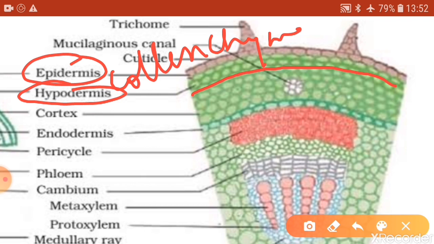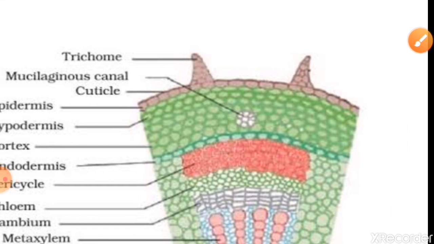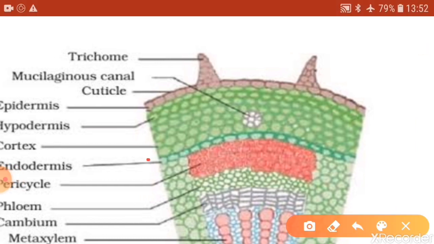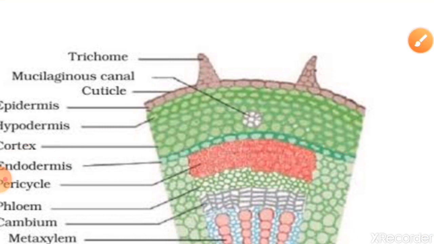Then the cortex, the next region that you find below the hypodermis, will be visible under a microscope. So this region is called the cortex region, and cortex is made up of parenchyma. Then below the cortex there is another region present. There's a ring of cells which is called endodermis, and the endodermis is again parenchymatous in nature.